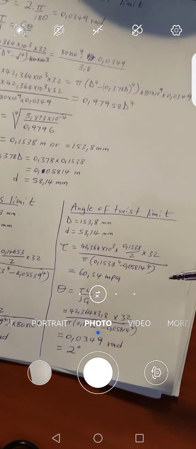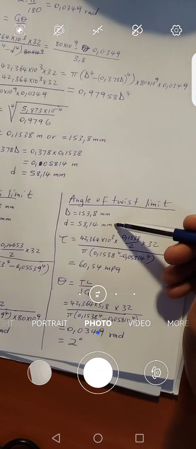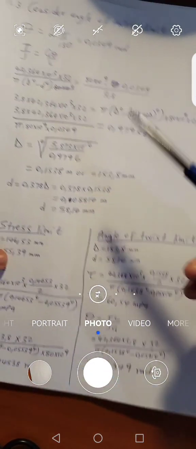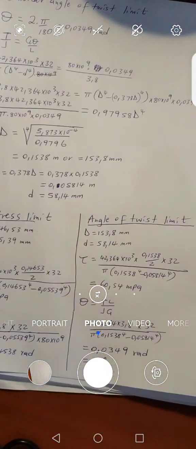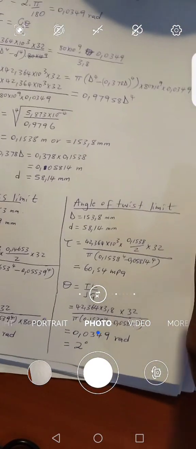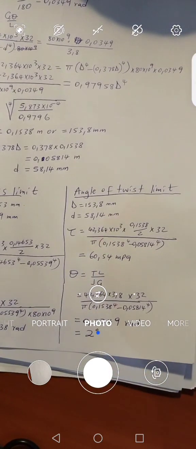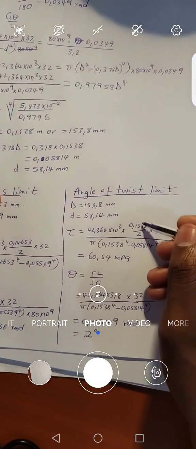It tells us that if you use this size as your shaft, and then you apply this torque of 43.364, the shear stress that will develop in that shaft at the outer radius, remember this is the radius, this is the point where you will be looking for stress.